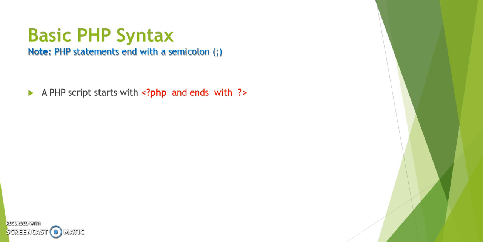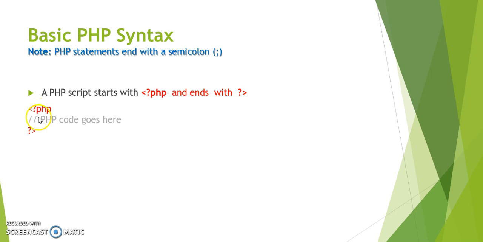We start with the PHP script. PHP script houses every other PHP code. As you can see here, a PHP script starts with the open tag, question mark PHP, and ends with question mark, then the close tag. This is an example.